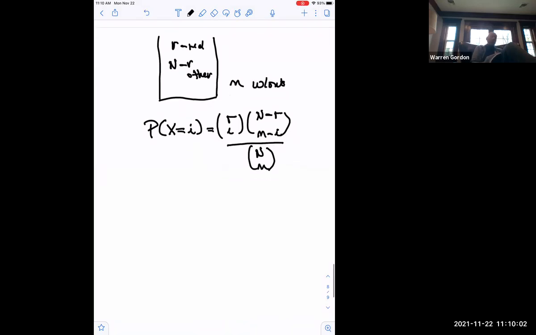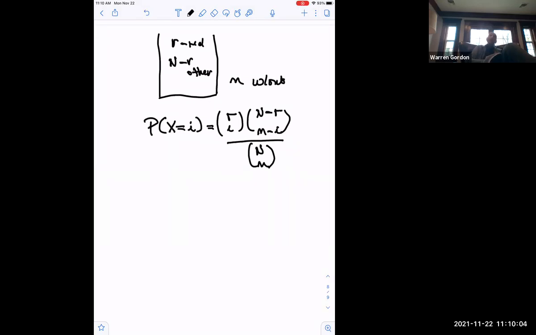Now, there are 2 questions one can ask, actually 3. It turns out there's no simple formula for the moment generating function. Well, let's suppose I wanted to find one.